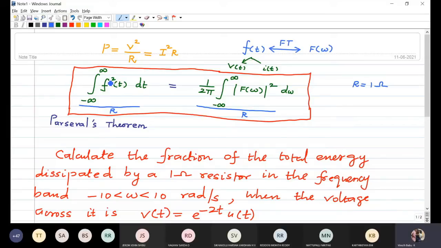If f of t is voltage, then energy is this entire thing divided by R. Similarly, in the frequency domain also the same thing. If it is current, this entire thing is multiplied by R. So these expressions are developed by assuming that R is equal to 1 ohm. The basic expression, whatever I wrote initially, is developed by assuming R is equal to 1 ohm. These things you need to keep in your mind.